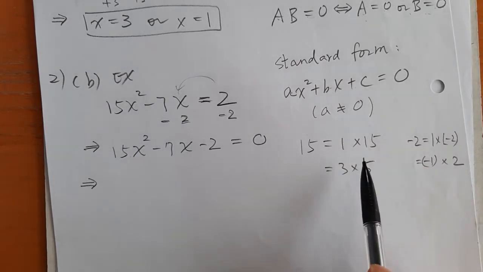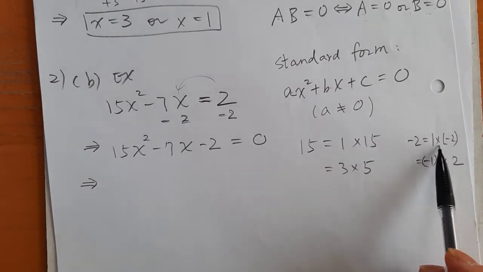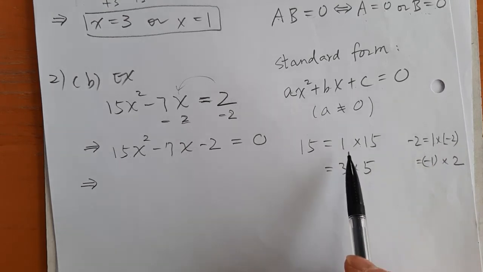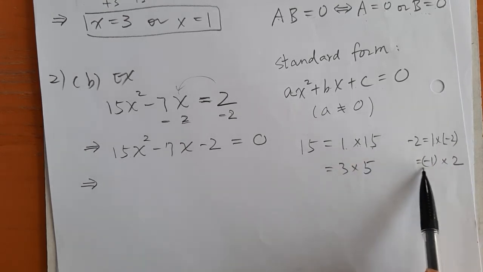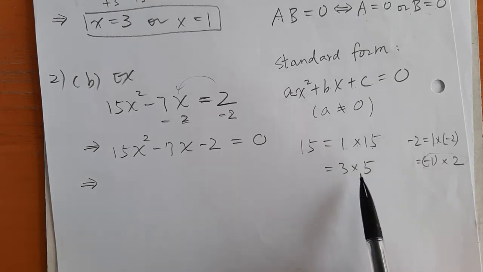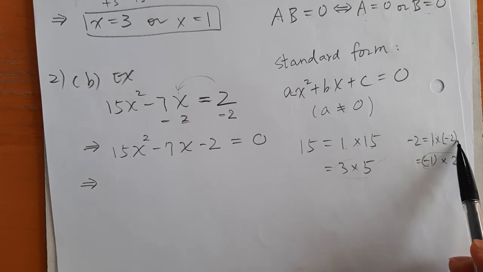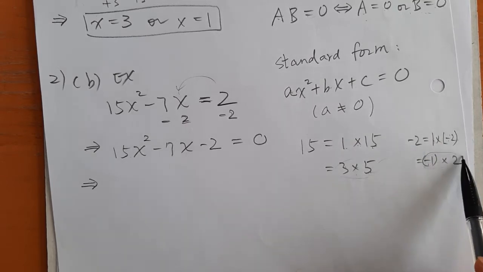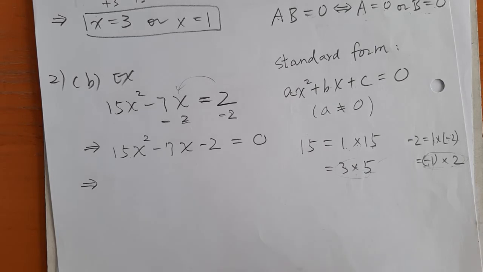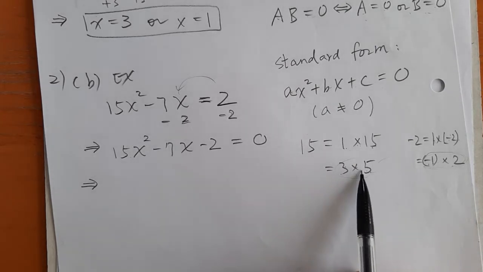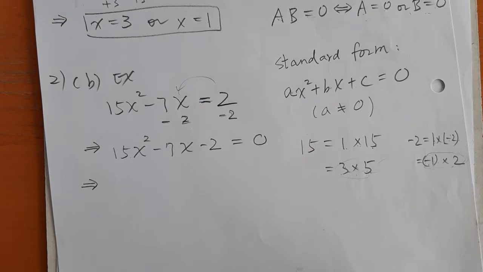Now we are going to match 1 times 15 with 1 times negative 2, or 1 times 15 with negative 1 times 2, or 3 times 5 with 1 times negative 2, or 3 times 5 with negative 1 times 2. Normally we try the two numbers closer to each other first, because normally that's going to be the answer.